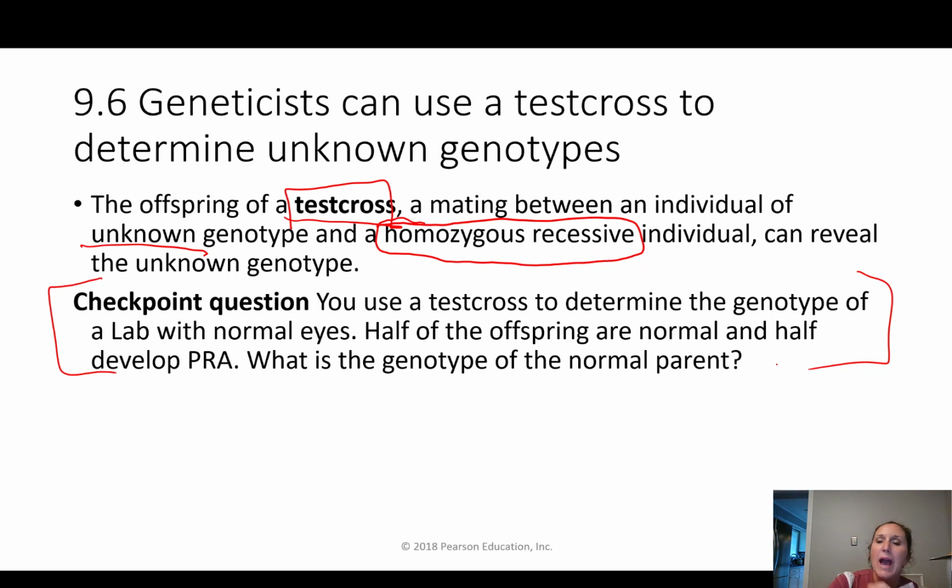So let's say we have a purple plant. Now we know that the purple plant must have at least 1 big P. We know that. But we're not sure whether it has 2 big P's or a big P and a little p.